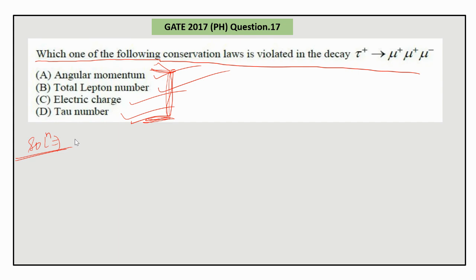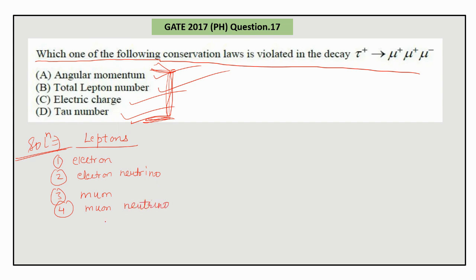So see, for this question, if you see, leptons: electron, electron neutrino, muon, muon neutrino, tau, and tau neutrino.